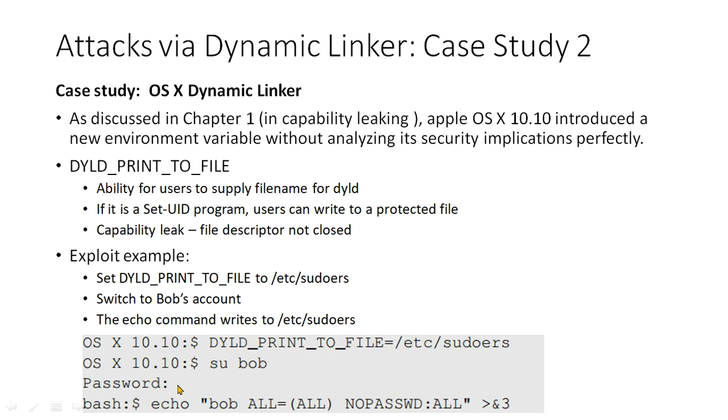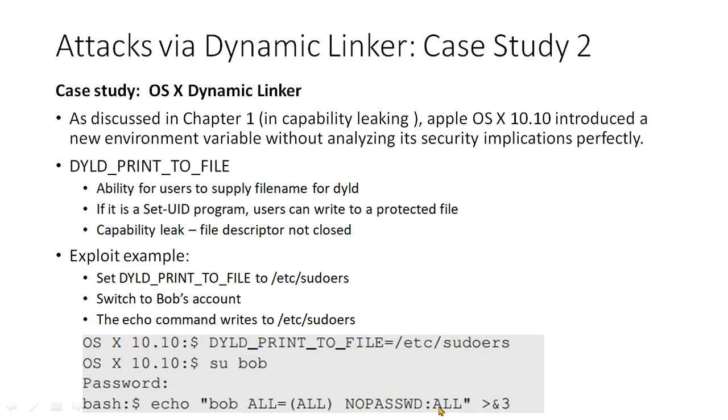So in the shell, we have the write permission to this file, because the dynamic linker doesn't close the file, so the file descriptor is still open. Then we write this string to the file. Because the file is still open with file descriptor number 3, we inherit the write permission.